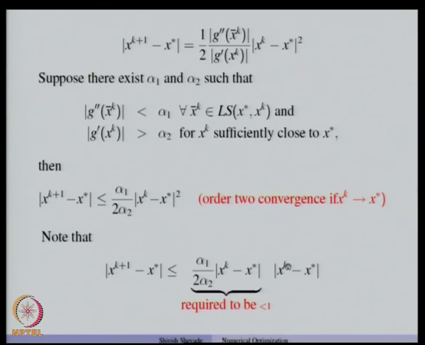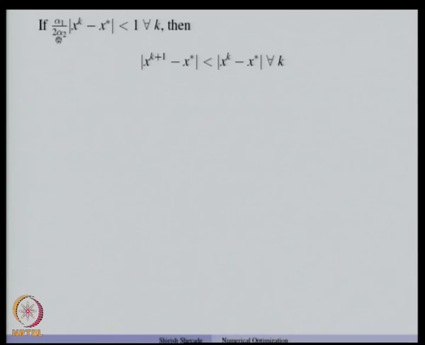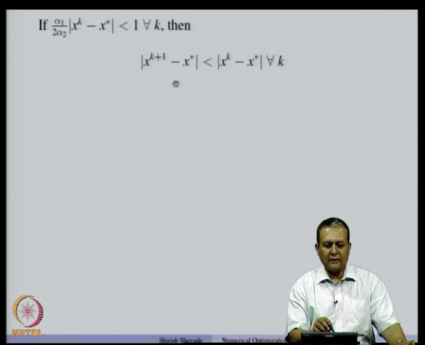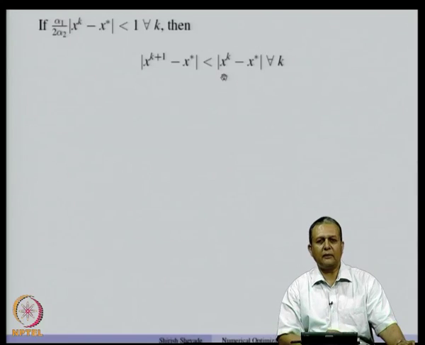Now, in order that the distance of x_{k+1} from x star is less than the distance of x_k from x star, we want this quantity to be less than 1. In other words, if this quantity is less than 1, then we can say that mod of x_{k+1} minus x star is less than mod of x_k minus x star.